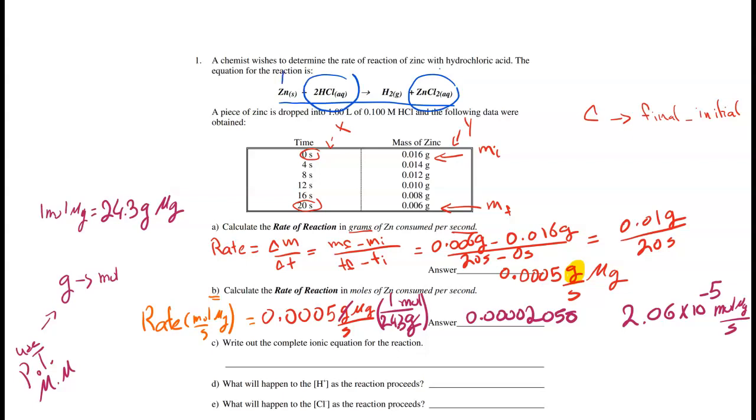You don't touch the zinc. The zinc and the hydrogen gas do not get touched because you have a solid and a gas, so those come down as they are. So that's what we're going to put right away. And hydrogen gas.